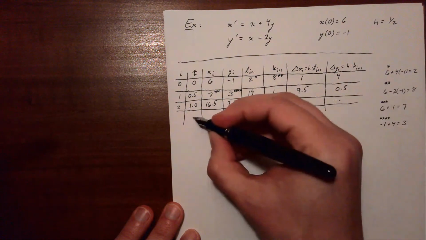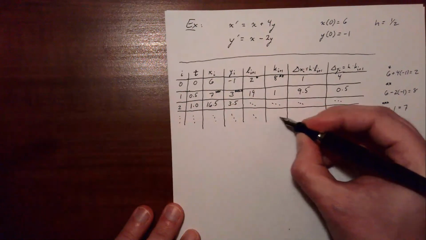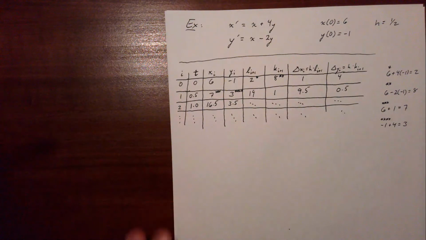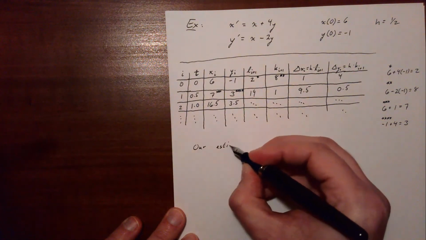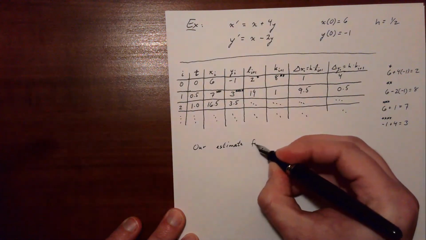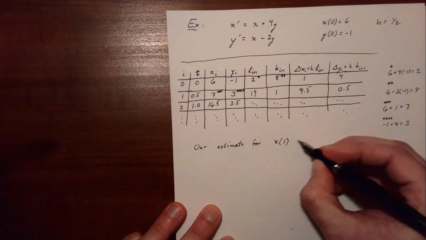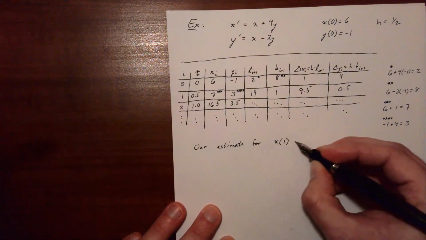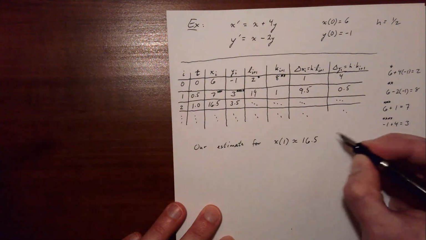Okay, so that is a process. It can be continued indefinitely, particularly when you have a computer doing your dirty work for you. In particular, what this would mean then is that our estimate for x of 1 is approximately 16.5.